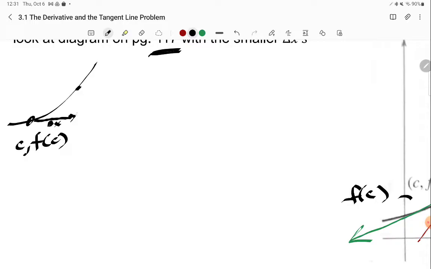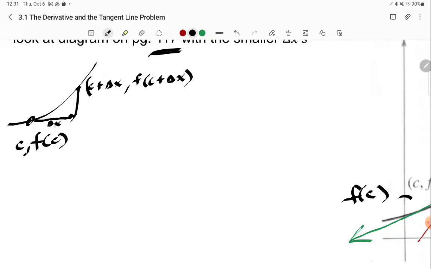So this is going to be c plus change in x, and then f of c plus change in x.